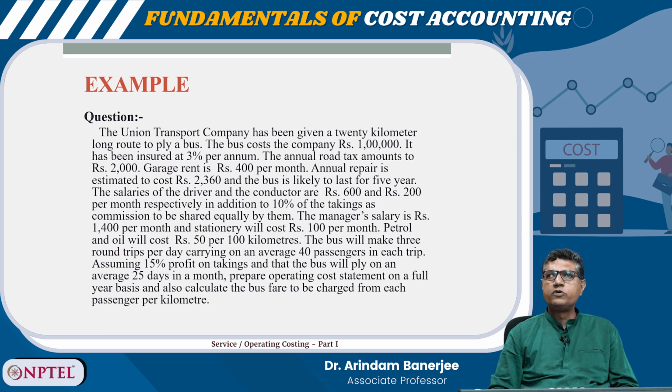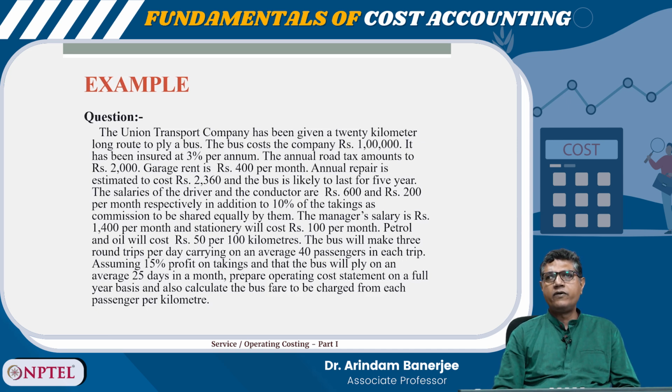The Union Transport Company has been given a 20-kilometer long route to ply a bus. The bus costs the company rupees 1 lakh. It has been insured at 3% per annum. The annual road tax amounts to rupees 2000. Garage rent is rupees 400 per month. Annual repair is estimated to cost rupees 2360 and the bus is likely to last for 5 years.